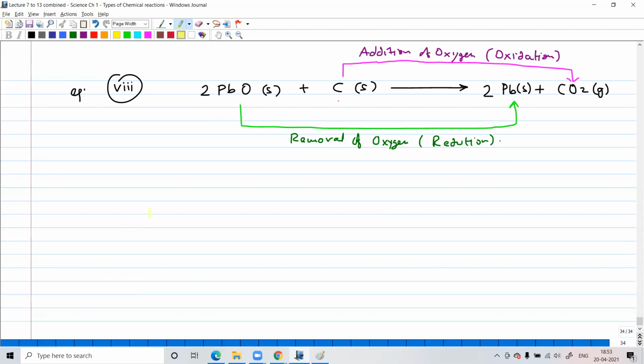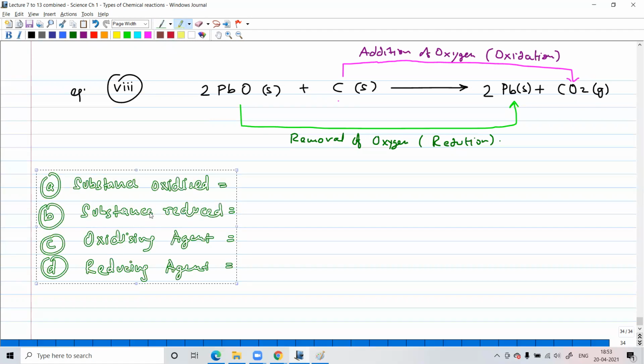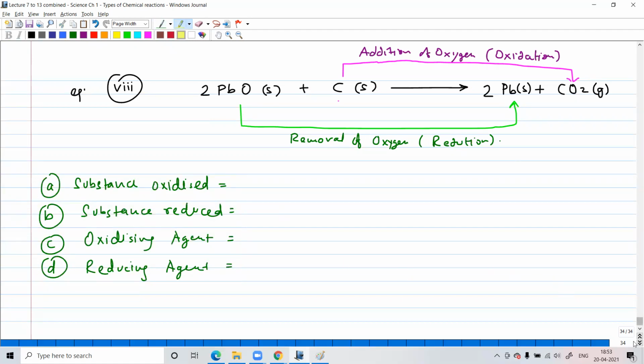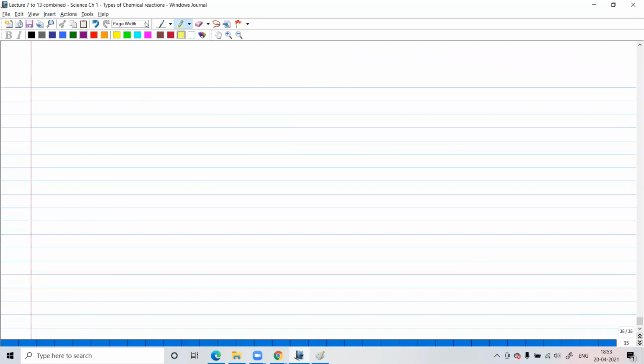So we will write down the answer for those 4 questions here also. For the sake of doing, you will do this 9th example. So put down all the markings, like where oxidation is happening, where reduction is happening, what is the reason for that.